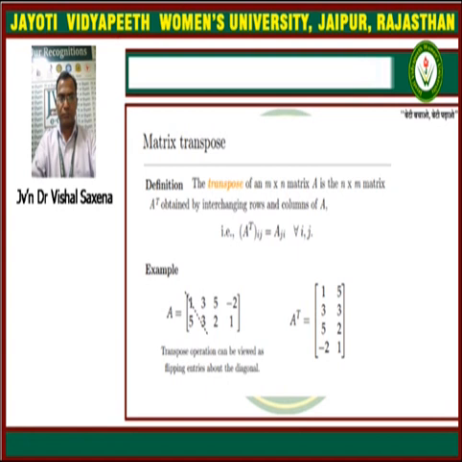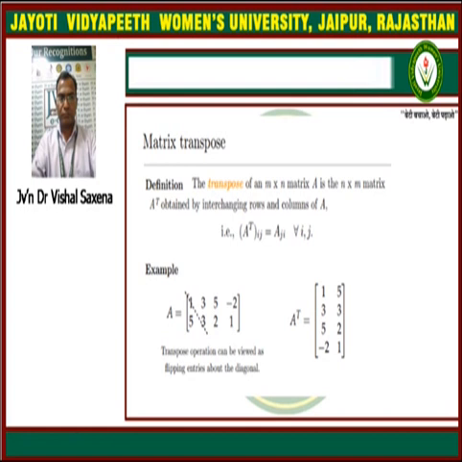First of all, suppose A is any matrix, then the transpose of the matrix is written as A raised to the power T, capital T. And how can it be obtained? It can be obtained by just transforming the rows and the columns, meaning you make the first row the first column, the second row the second column, the third row the third column, and so on. In this way the matrix transpose can be obtained.